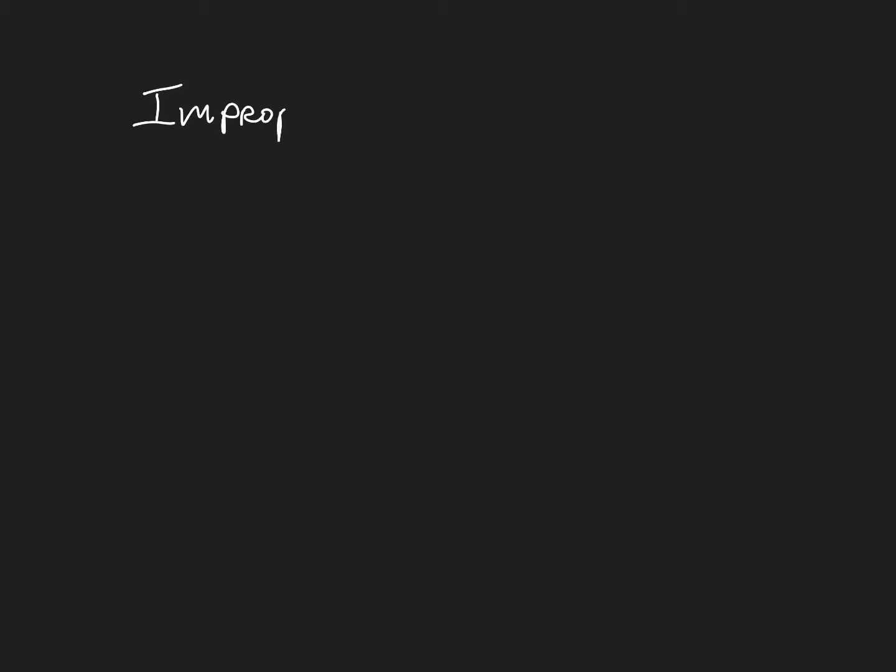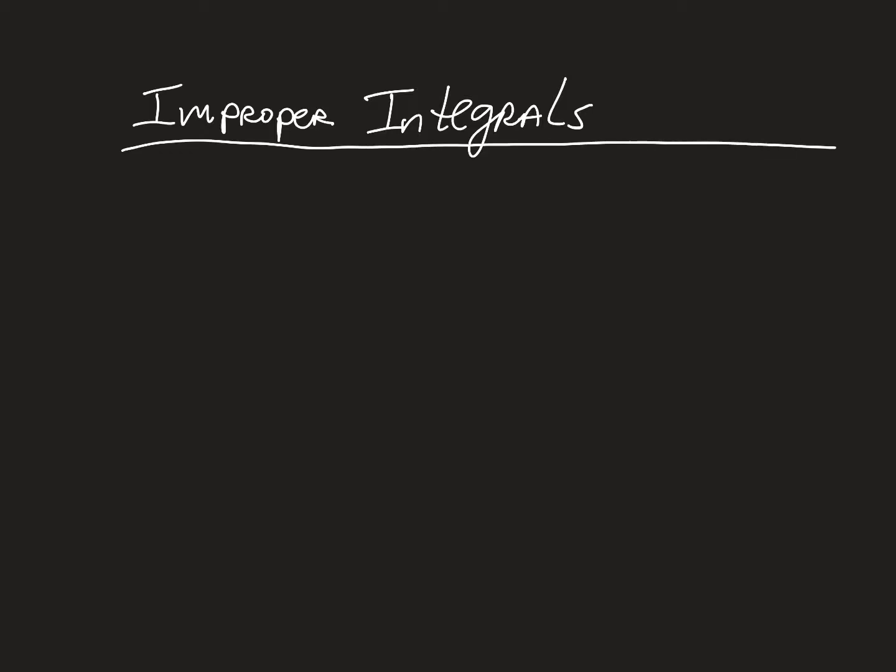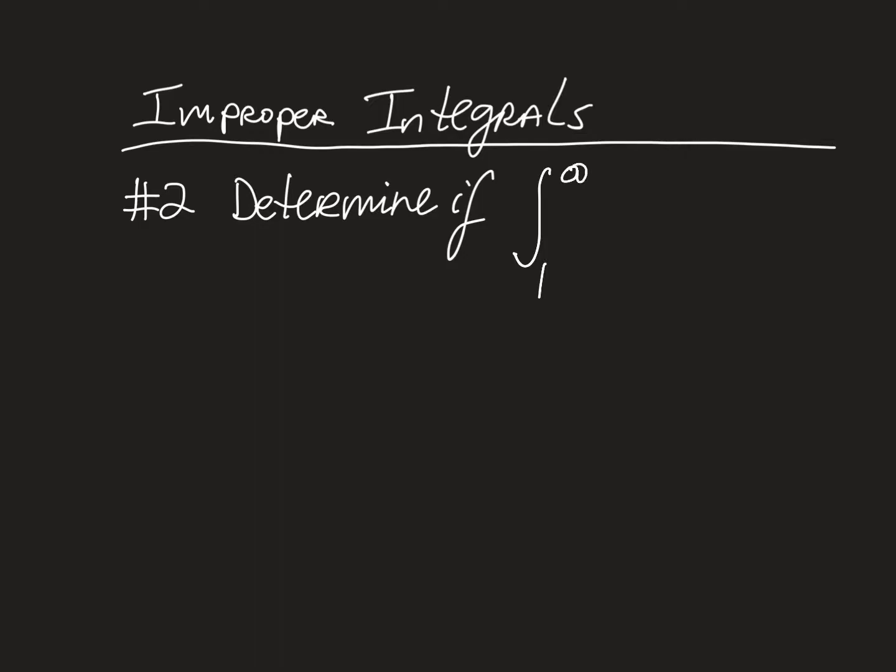This is another video on improper integrals, how to determine if they converge or diverge. So in this video we want to determine if the integral from 1 to infinity of 1 over x squared dx is a convergent or divergent integral.